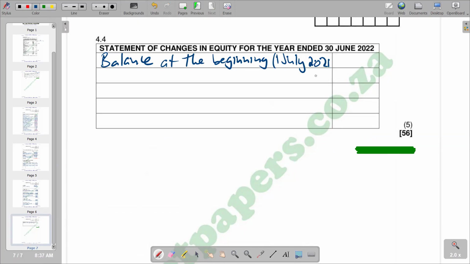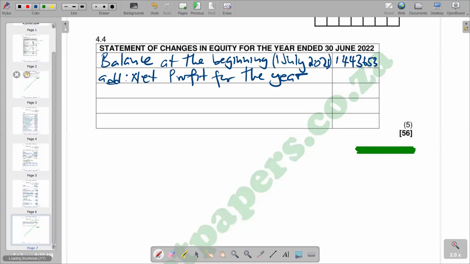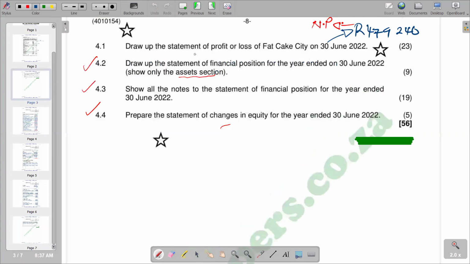And from there, we put the balance at the beginning, which is 1,443,653. And then we add net profit for the year, which we calculated in the previous video on the preparation of the statement of profit or loss, and we got it as 479,240.